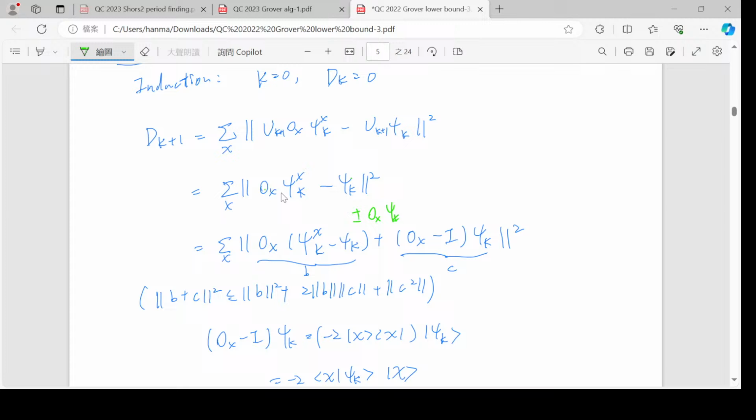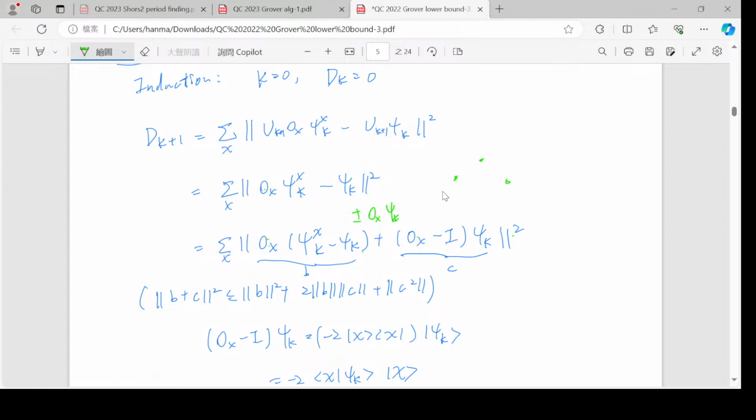So we take a difference between OX psi x k and OX psi k. We have the minus OX psi k and the plus OX psi k here, between those two states. So we break up the distance into two distances.